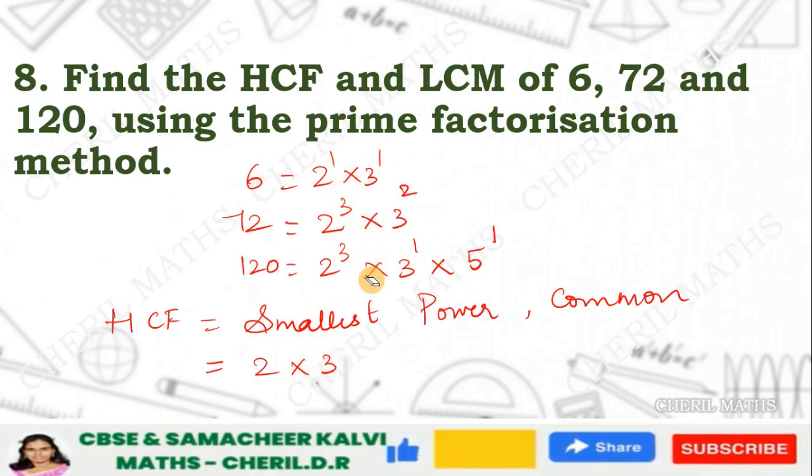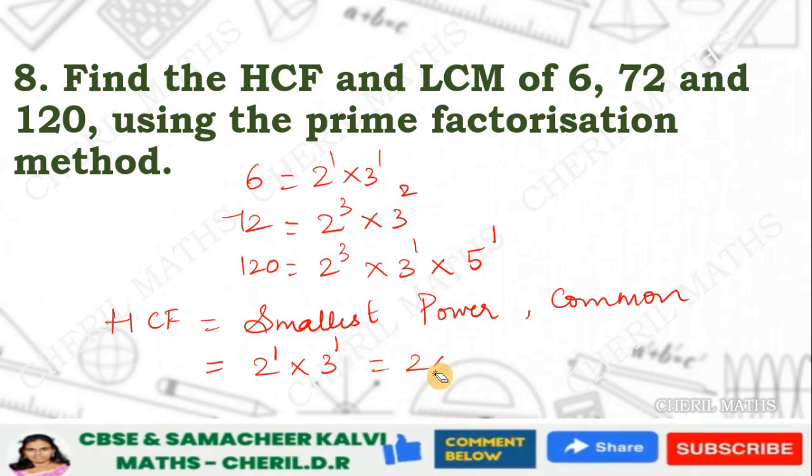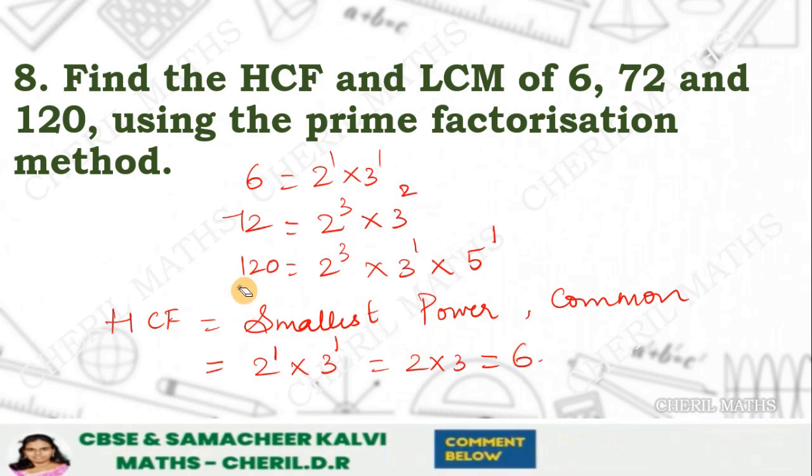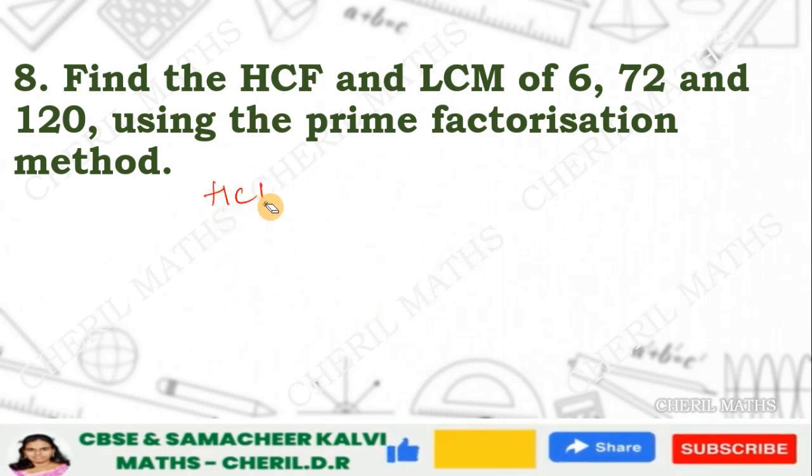For 2, what is the smallest power among everything? 1 only. And for 3, what is the smallest power? 1 again. So it is 2 into 3, which is 6. So now we have got the HCF to be 6.